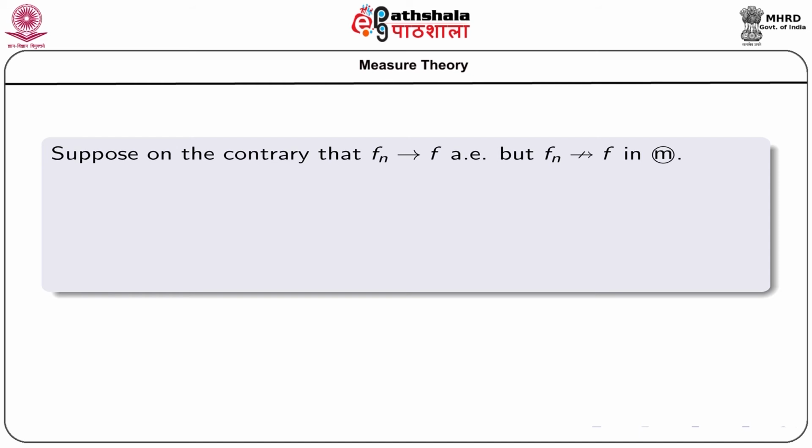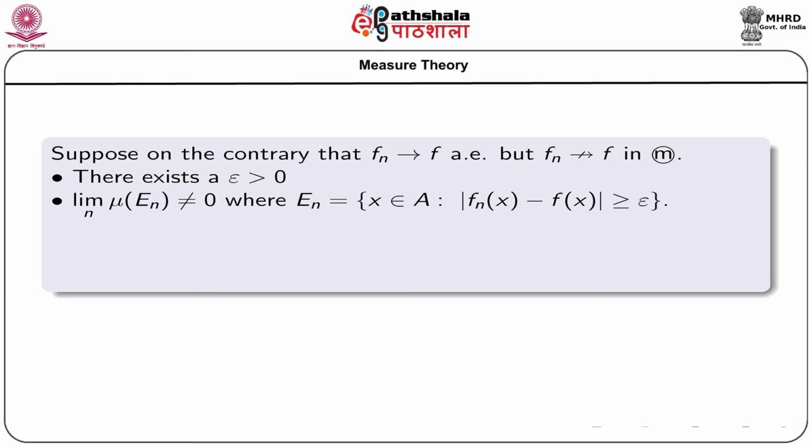Suppose on the contrary that f_n converges to f almost everywhere, but f_n does not converge to f in measure. Then what does that mean? There must exist an epsilon greater than 0 for which the limit of mu(E_n) is not equal to 0, where we write the set E_n as the collection of all x belonging to A where |f_n(x) - f(x)| >= epsilon.